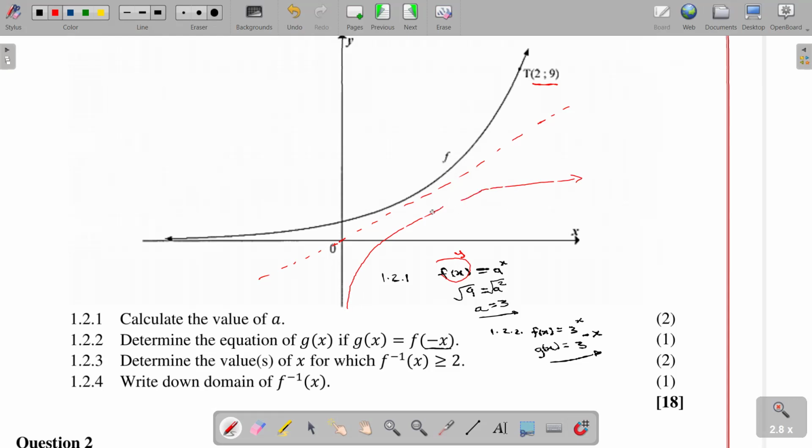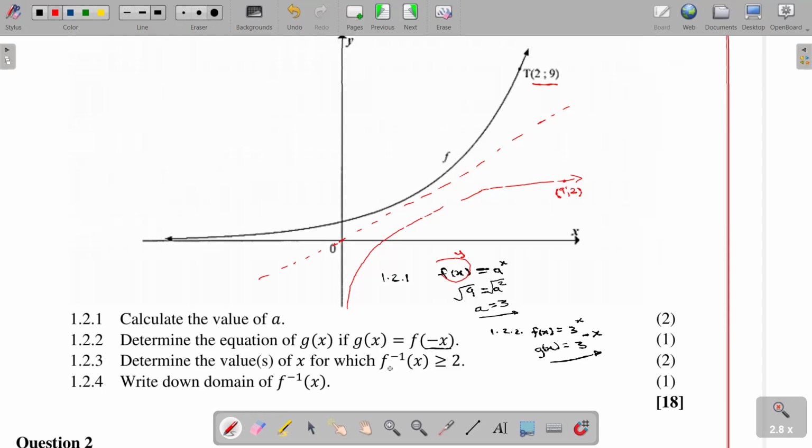And you'd realize that the point (2, 9) is now going to change to the point (9, 2), because in the relationship between f and its inverse, the x and the y values are going to interchange.